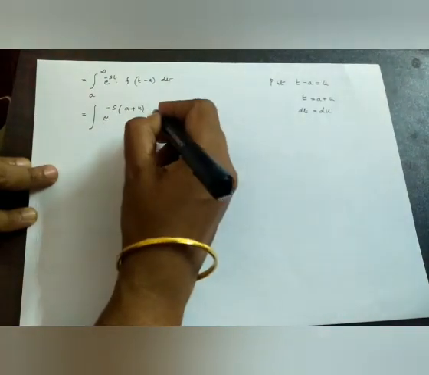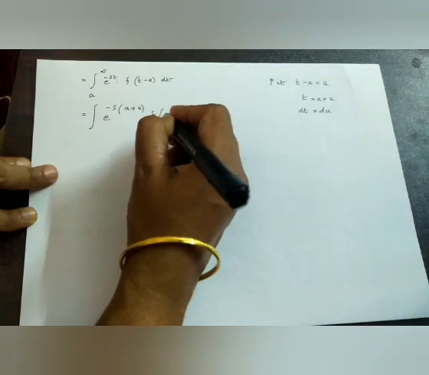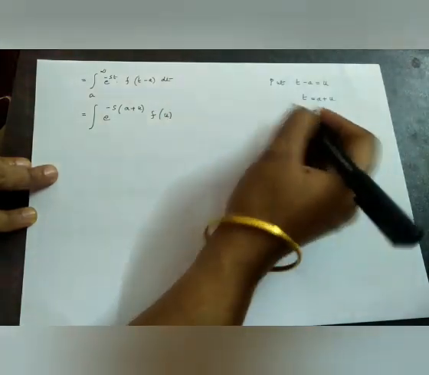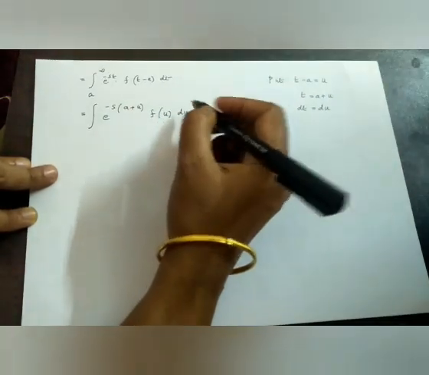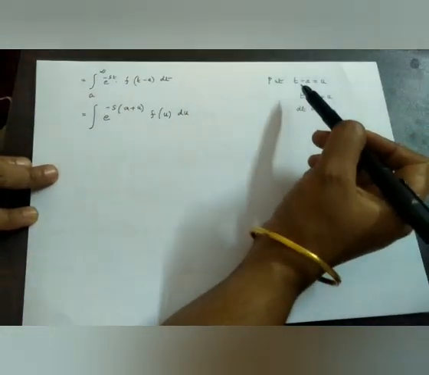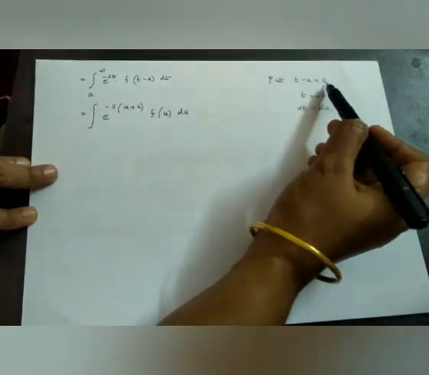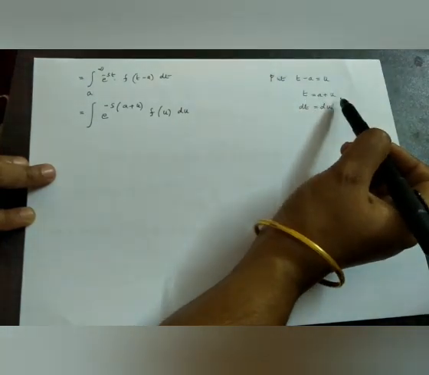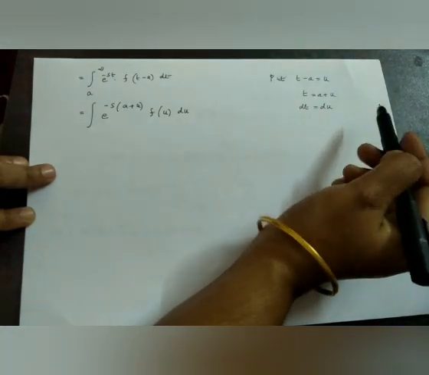In the place of t minus a we substitute u. We are converting dt to du. For that we will put t minus a is equal to u, so that t becomes equal to a plus u and dt becomes equal to du.